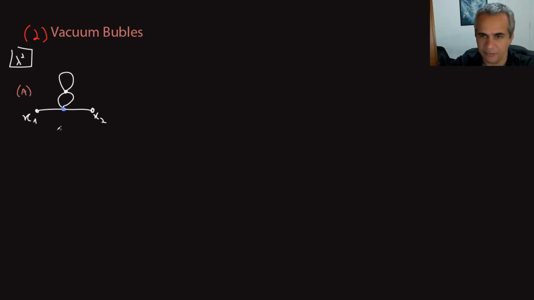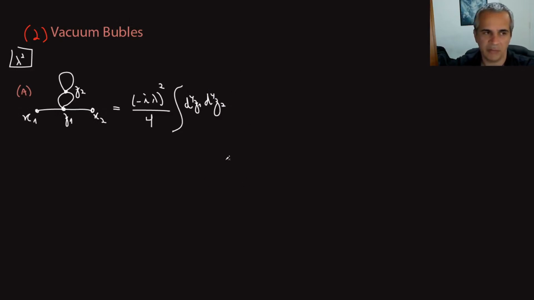So I can write the Feynman rules for this guy. Call this point Z1, this point Z2, right? And this is minus i lambda squared for the two vertices. Factor 4 as a symmetry factor, 2 here, 2 here. I have to integrate over these 2 points, d4z1, d4z2. And I'm staying here in position space because I want to carefully show the transition to momentum space.